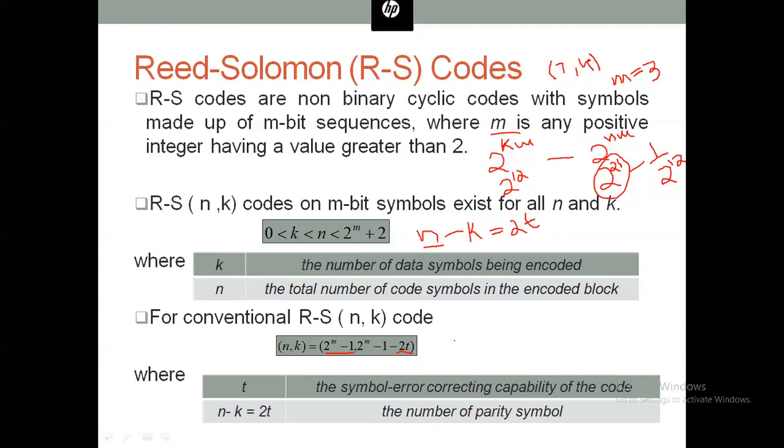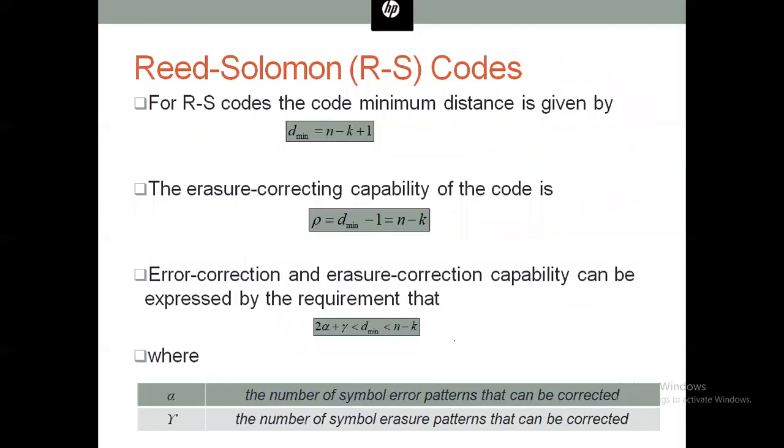So the minimum distance is in fact n minus k plus 1, because n minus k is equal to 2t.